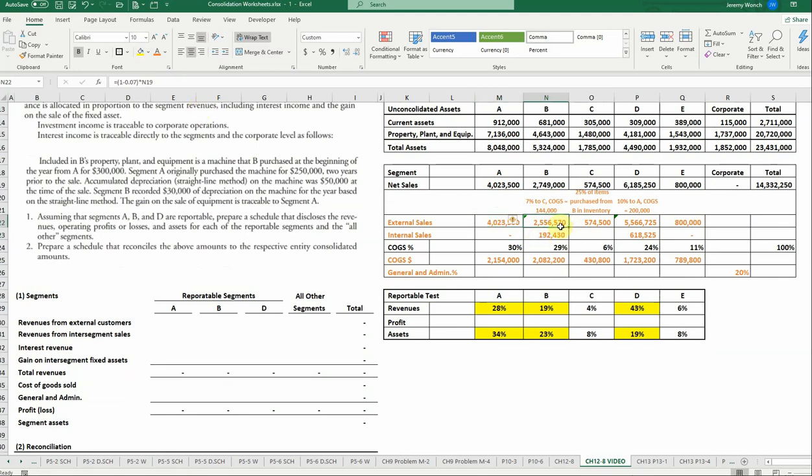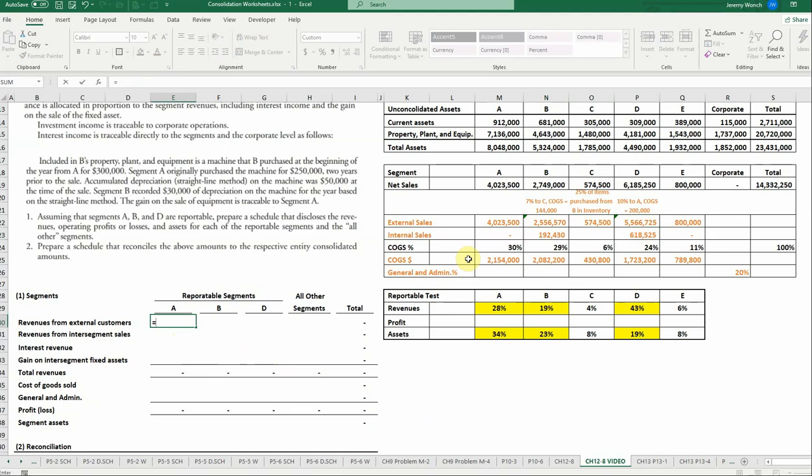For B, 7% is internal, and so the other 93% is external. So C, they didn't sell to another segment, and then D, 90% went to external sales and 10% is internal.